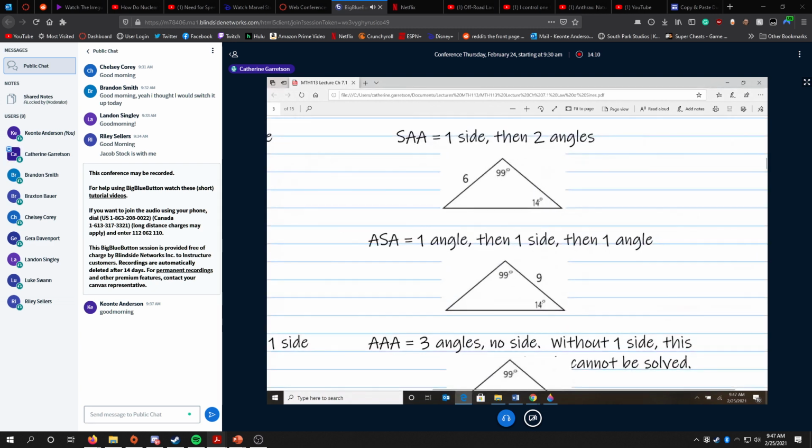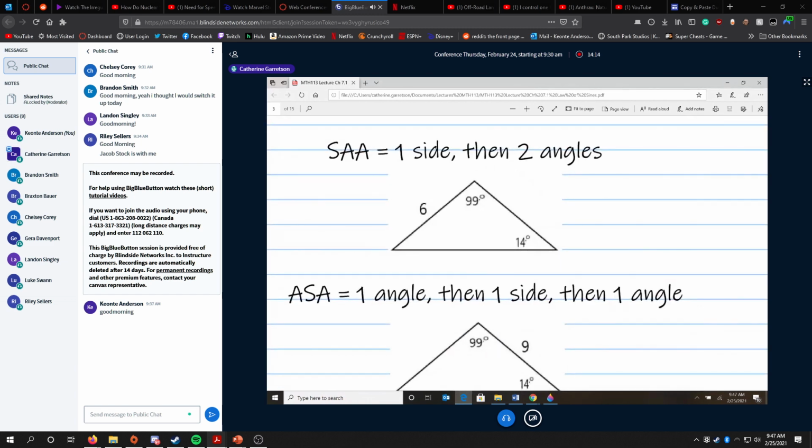Now, we could also be given 2 angles and a side, but based upon where the side itself is, is it in between the 2 angles or not, then it's named differently. So these both have 1 side and 2 angles, but the placement is different.